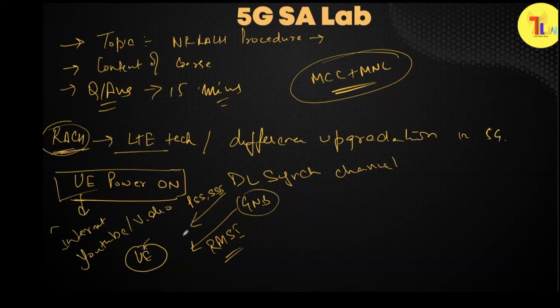The UE first gets all the information from the G node B, or in LTE the E node B, and then sends a request. This is the first uplink message sent from the UE, asking for resources. As simple as that: I got all the information from you, and now I need resources. So it will send out the RACH request.